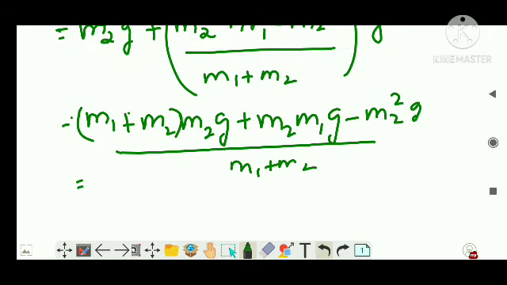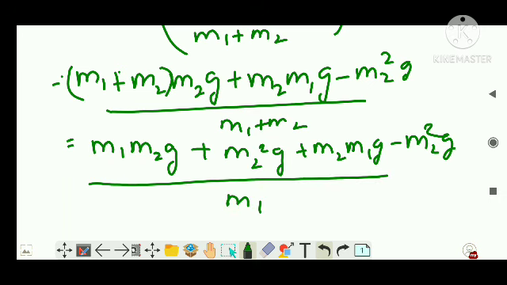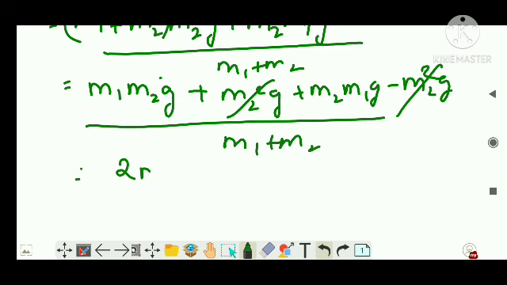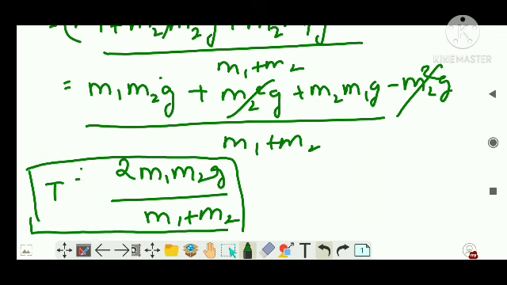This is the expansion, you can do it by yourself. So then there is m1 m2g plus m2 squared g plus m2 m1g minus m2 squared g divided by m1 plus m2. Now this term and this term cancel out. So you will get 2 m1 m2g whole divided by m1 plus m2. This is the expression for tension. Clear?